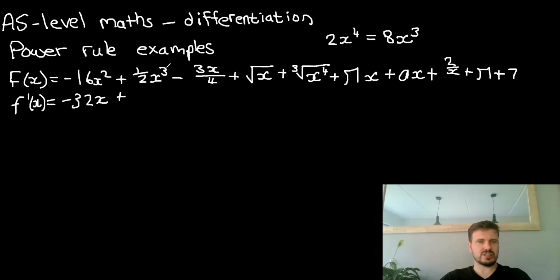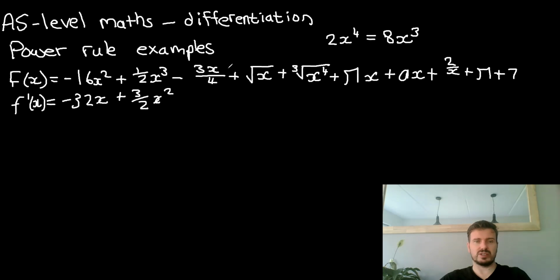If there's a fraction, same thing. 3 times a half is 3 over 2 x, and we take 3 minus 1, which is 2, so it's x squared.